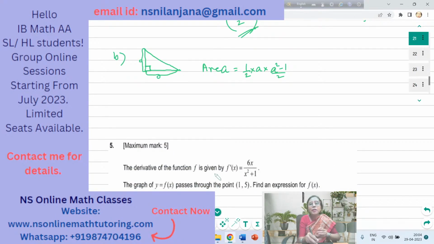And I am just solving these questions, keeping in mind how an IB Math AA SL student will be solving. Okay, so I could have written area of a triangle, but maybe you are not having sufficient time. This is just question number 4. So you may be writing the whole thing, or you may be saving some time for the remaining questions.